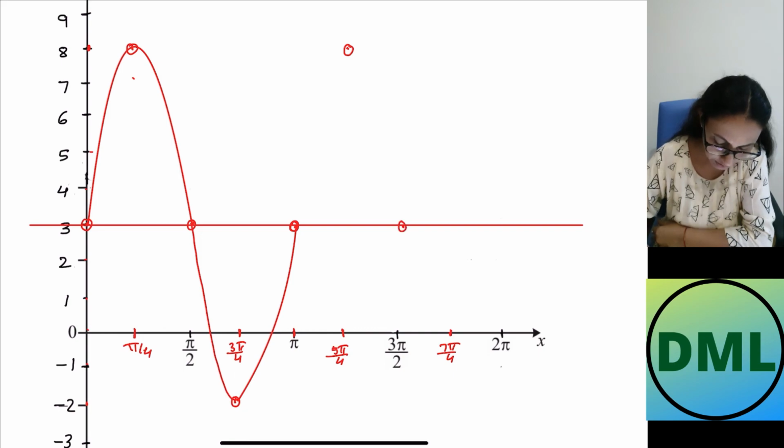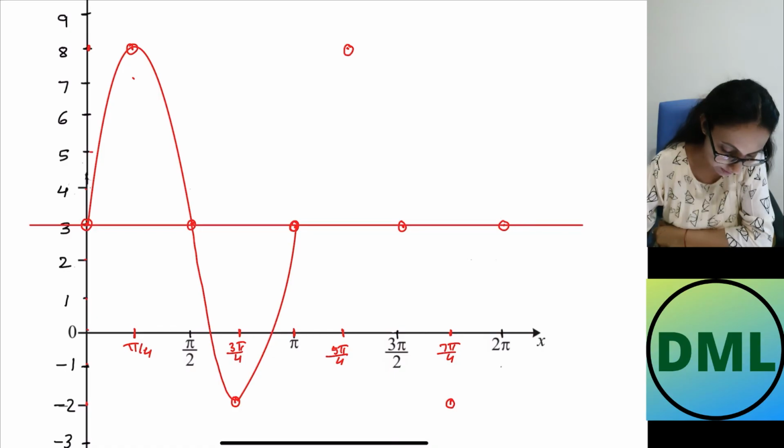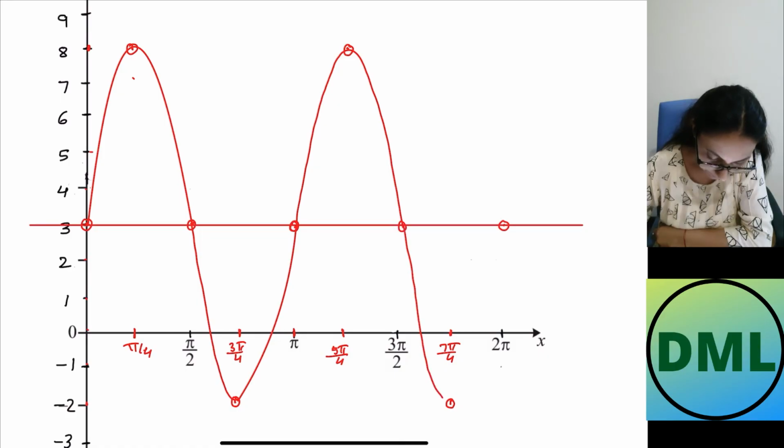At 7 pi by 4, it will go down 5 units from the axis, so it will go to minus 2. At 2 pi, it will touch the axis again. Let's join it. This is our sine graph.